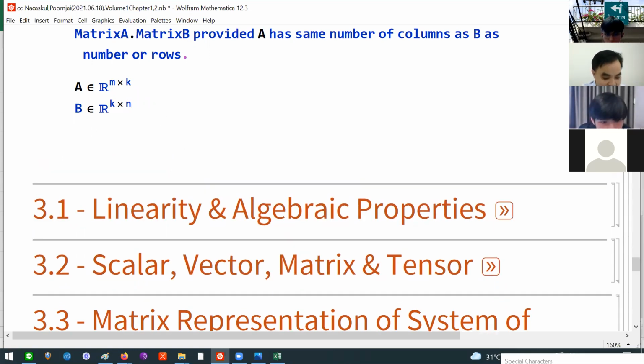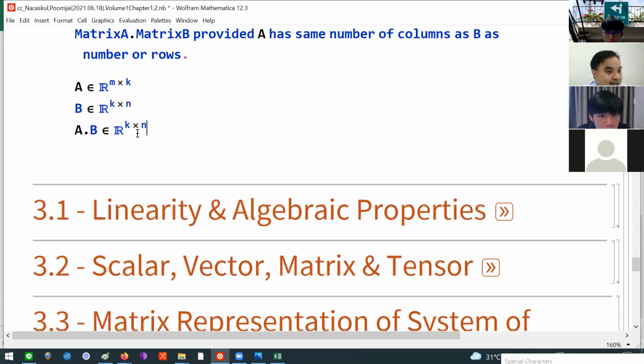If you multiply A dot B, okay. By the way, in mathematics books, sometimes you just see this with a little space, maybe not even a little space, but as long as you understand. But in Mathematica, you have to be precise, because if you did this, you would think it's a third variable. So if this is the case, A dot B will be, guess what? M by n.